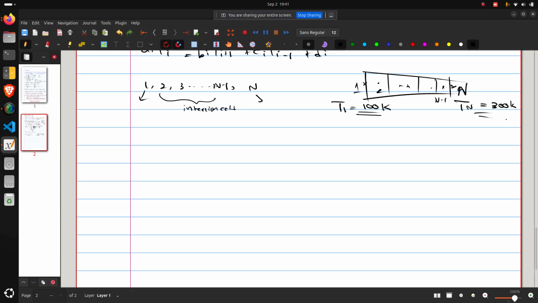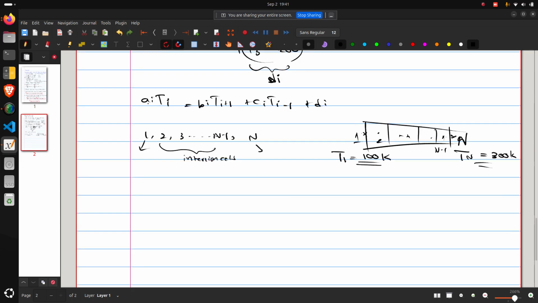We have the value here, but how can we put it in this form? We can write Ai T1 is equal to 100 Kelvin, because Bi, Ti and all these things are not required, since we already know the value. Are you getting my point?